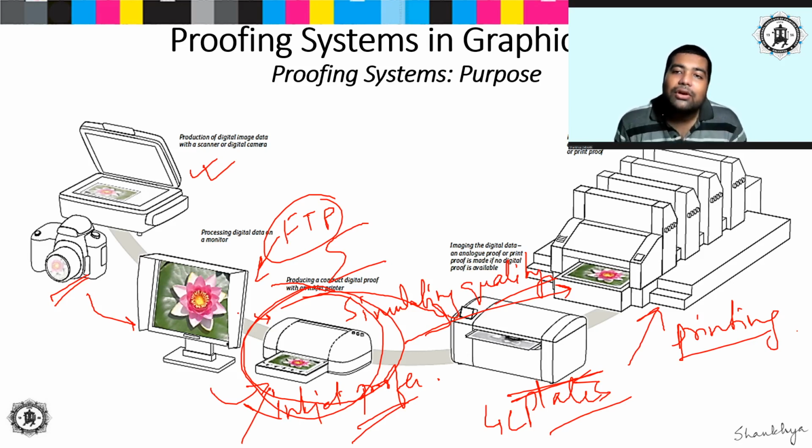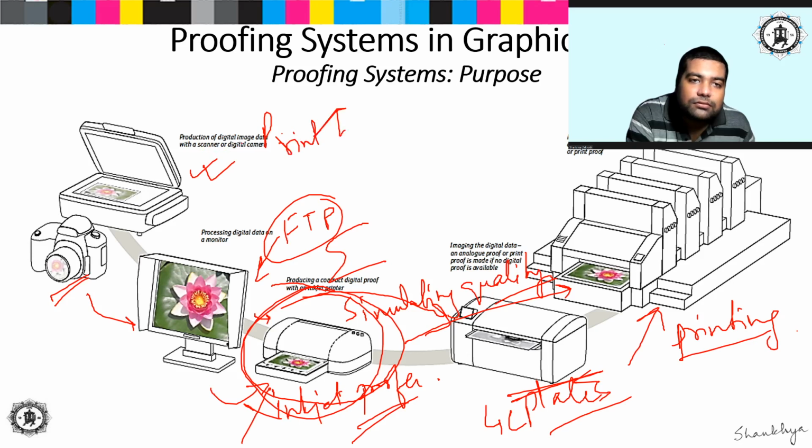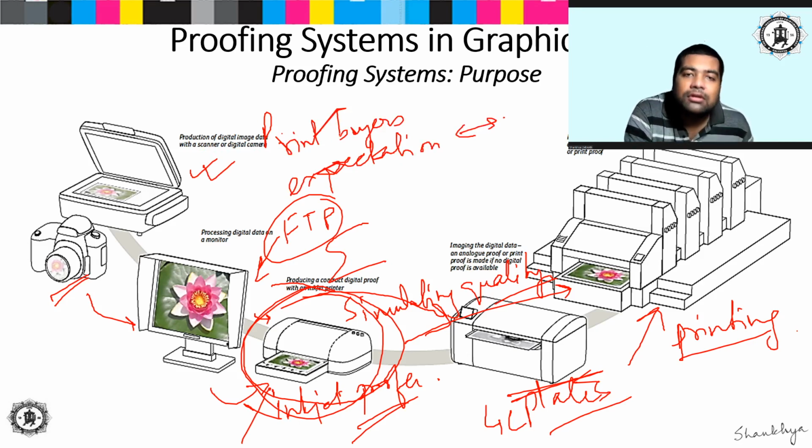So in order to avoid all these types of problems, and to get a fair idea, an agreement basically, of what you can deliver and what your client is expecting: the proof's main purpose is to get an agreement between the print buyer's expectation and your, meaning the printer's, capability.